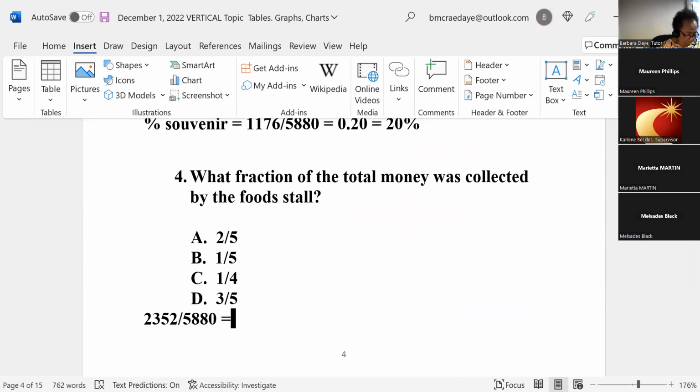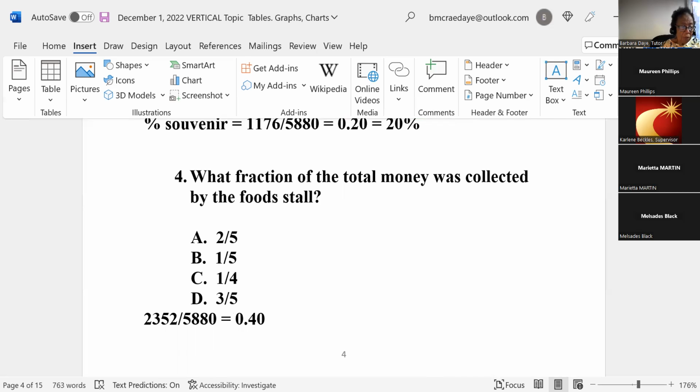That would equal to, let's see. 2,352 divided by 5,880. Give me 0.4. Yeah. 0.4. Okay, that's 0.4.